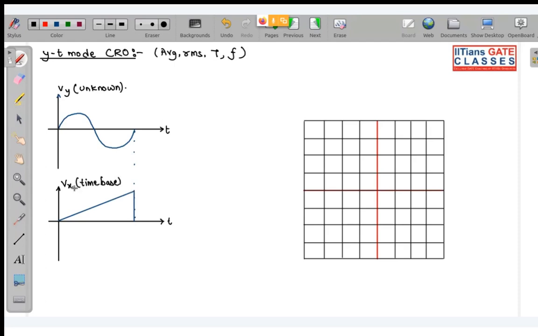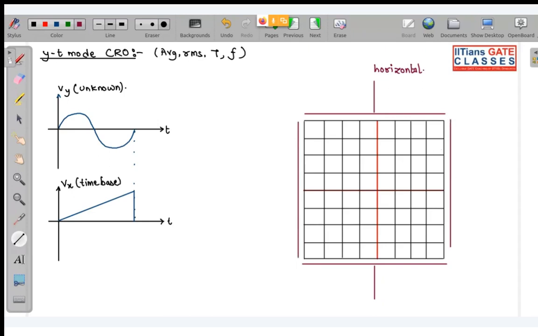Sorry, I had written horizontal plate. This is your vertical plate, and the other is your horizontal deflecting plate.